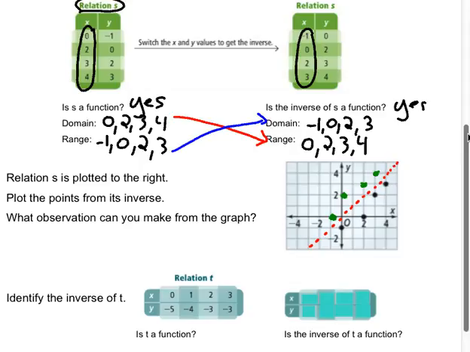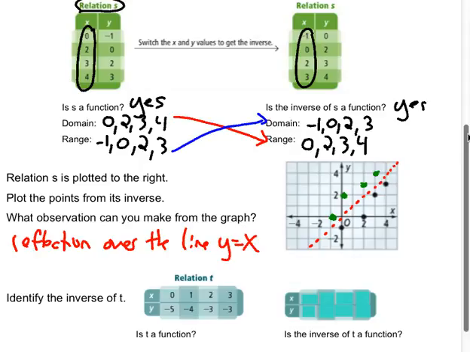They are exact mirror images of each other. In fact, this is a reflection over the line y = x. It makes sense because if I'm flipping the x and y values, they're just flipping over that line as well, because that line is just the same number twice.